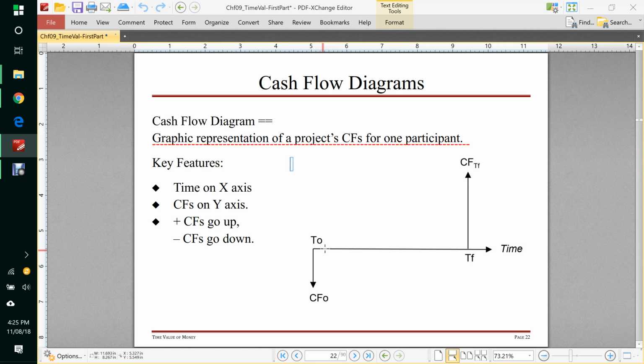And the way it works is we have time here on the x-axis, and on the y-axis we have cash flows to or from this one participant for this one project. Okay, and the way it works is negative cash flows, so cash flows away from this participant are negative, they go down, and cash flows to the participant from the project are positive and they go up. Okay.